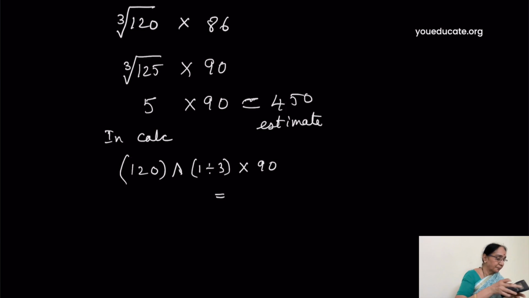Let me try. 120 raised to 1 divided by 3 times 86, isn't it? It's not 90. Times 86. That's 424.2. So the answer is 424.2 and our estimate was 450. Pretty close.